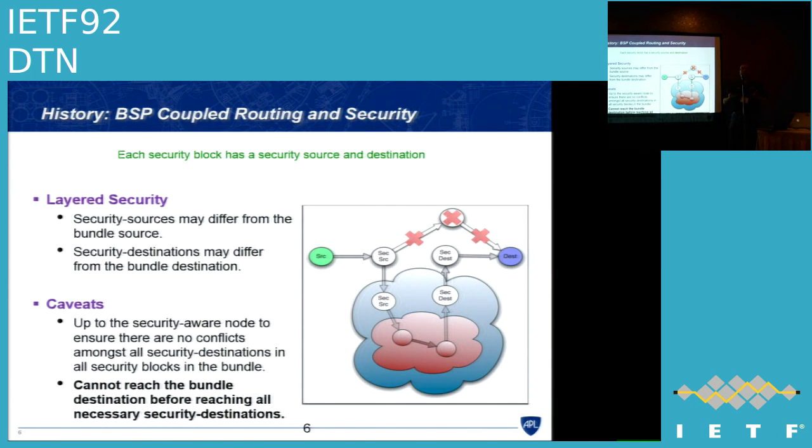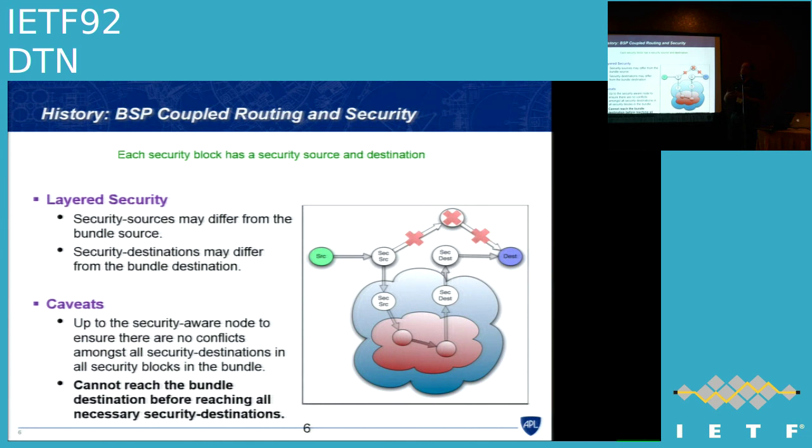The good part of that was that if you understood the path, the likely path, or at least the ingress and egress points of a bundle through some sort of a network cloud, you could apply that. If you didn't, or if the bundle wound up going to a security source and then taking a different path to the destination without actually going through the security destination, you could find yourself in a bind where you are unable to decrypt or integrity sign part of your bundle.